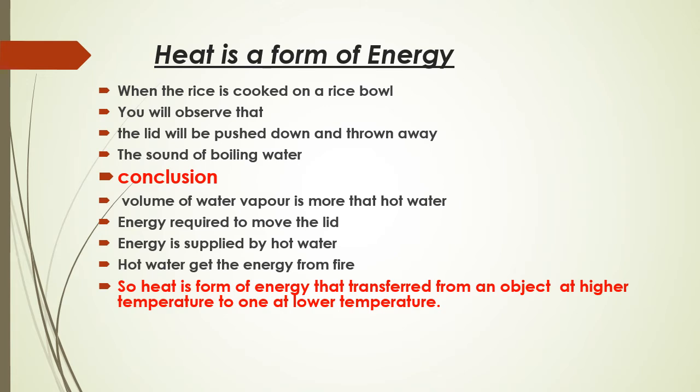That means heat is transferred from your body into the ice cream. When you touch hot water, you will feel very hot. That means heat is transferred from the hot water to your body. So heat is a form of energy that is transferred from one object at a higher temperature to an object at a lower temperature. Understand?